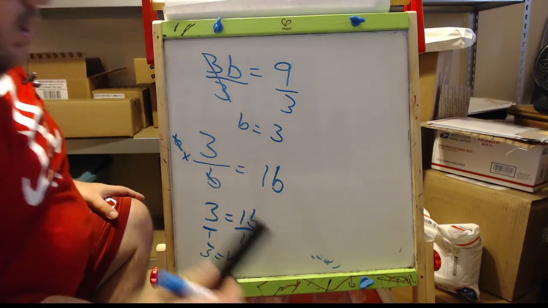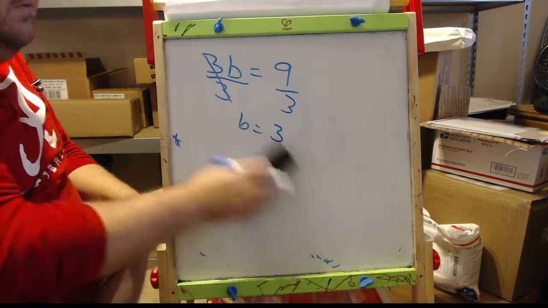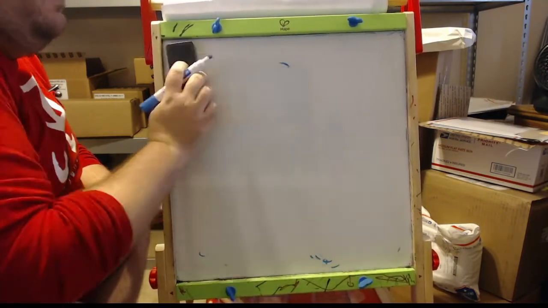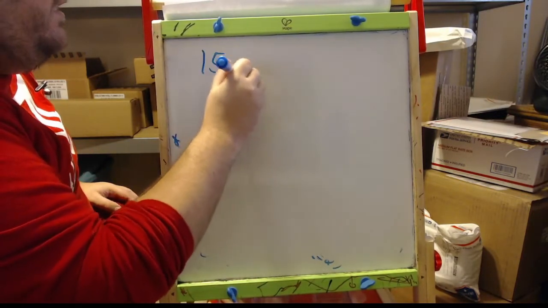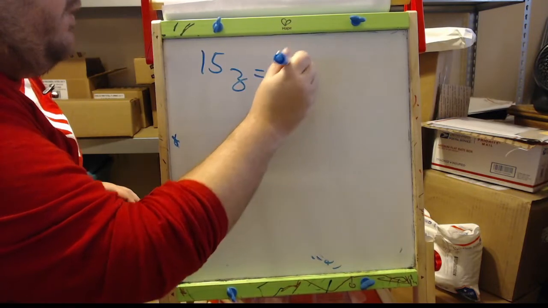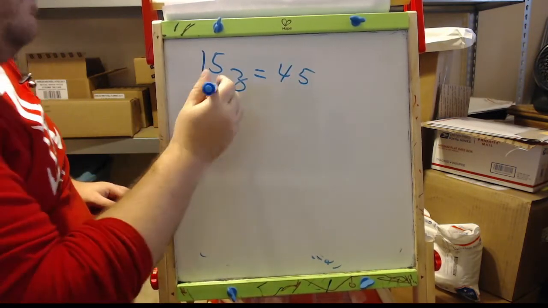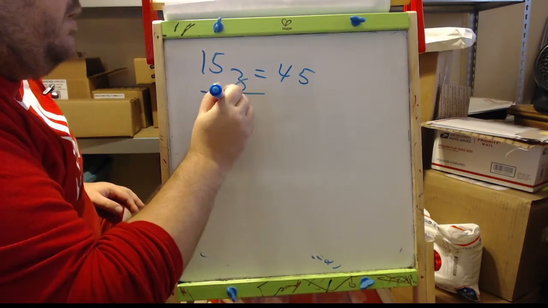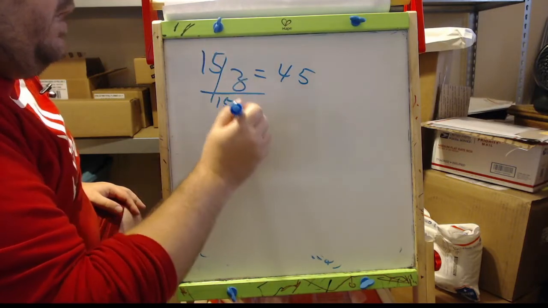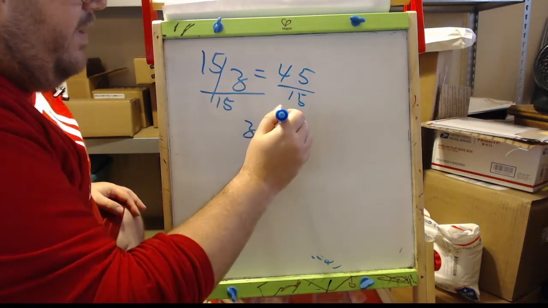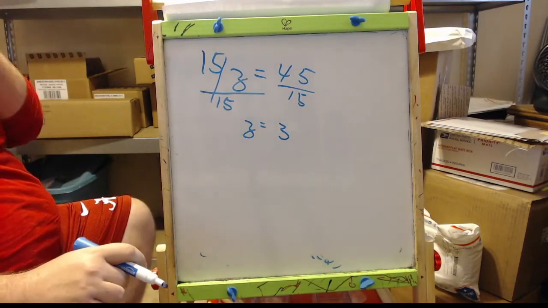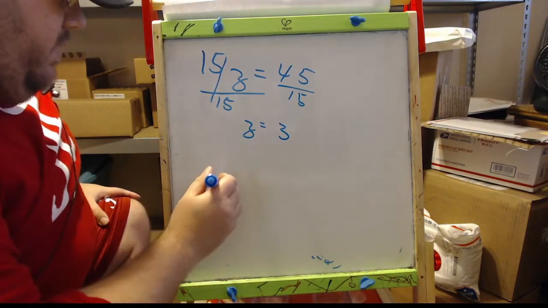Let's do a couple more of those, just to show it again. 15z equals 45. Divide each side by 15 to isolate z by itself, because I'm multiplying. 45 divided by 15 is 3. Let's look at this one here.